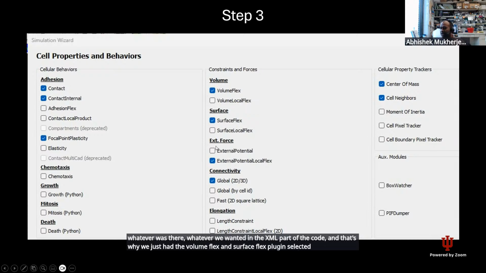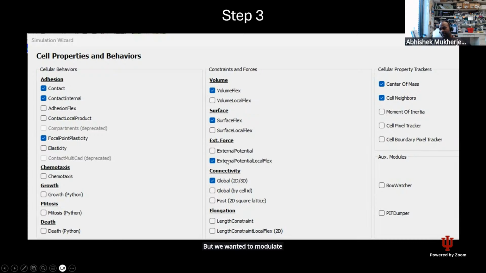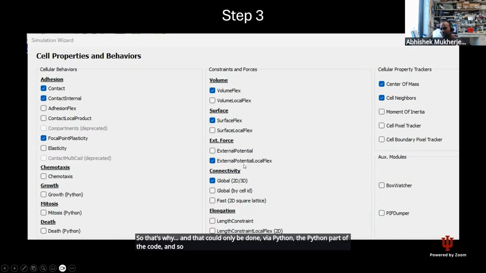But we wanted to modulate external potential or the migratory potential of cells during runtime. And that could only be done via the Python part of the code. And so we had this external potential local flex plugin.